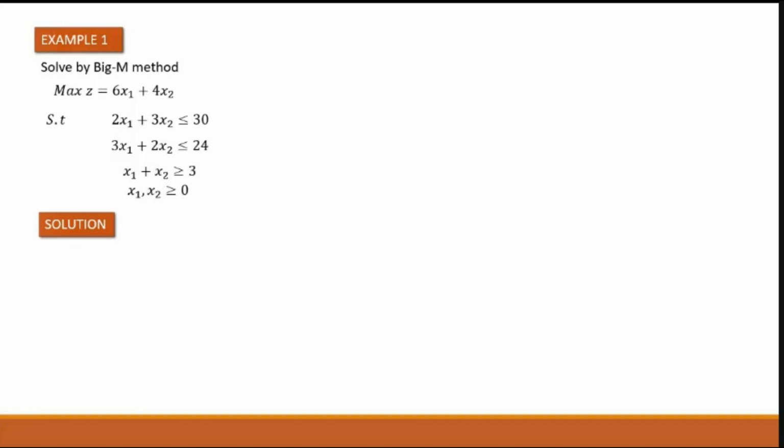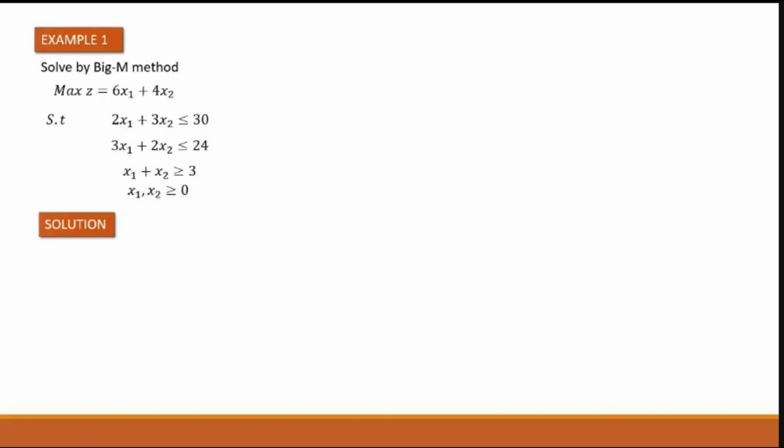First, we have to see whether the objective function is maximization or not. If it is maximization, we do not convert it. If it is a minimization problem, convert the minimization problem to maximization. So here it is already in the maximization form.